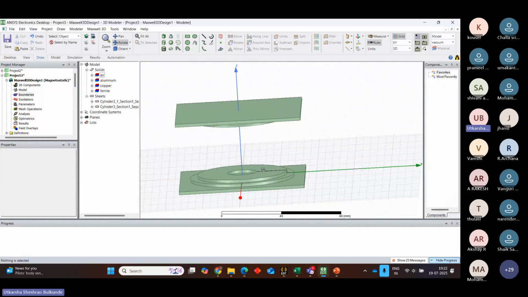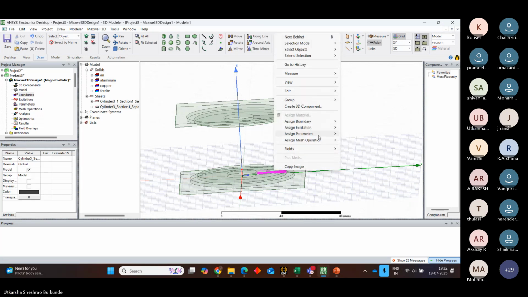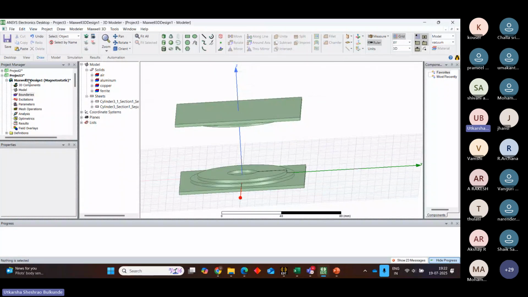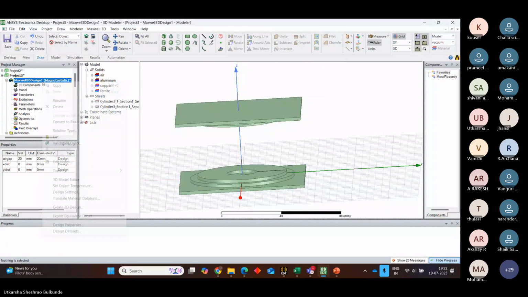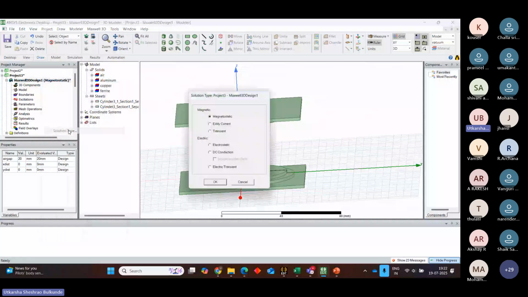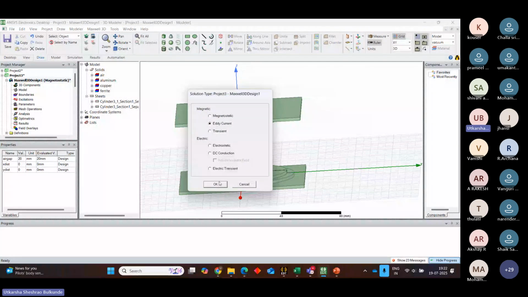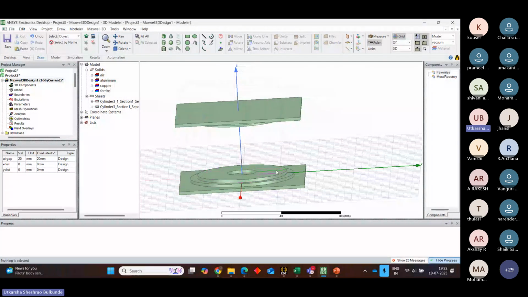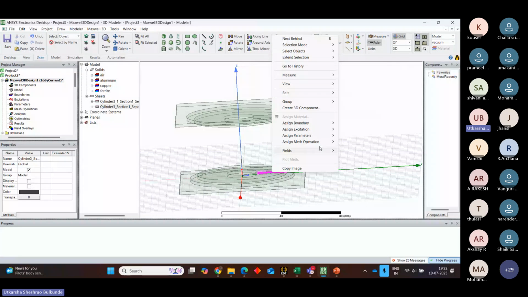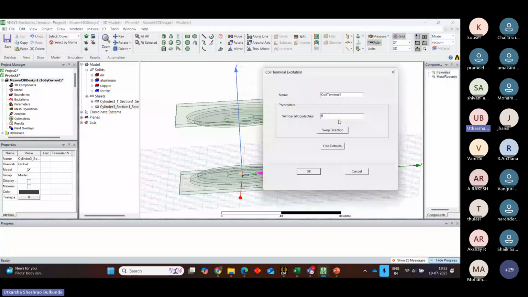So then assign excitation. First change this to solution type eddy current. If you will not change this to eddy current, you cannot give excitation here. So assign excitation, then coil terminal. This coil terminal option will not come if you will not change your solution setup.